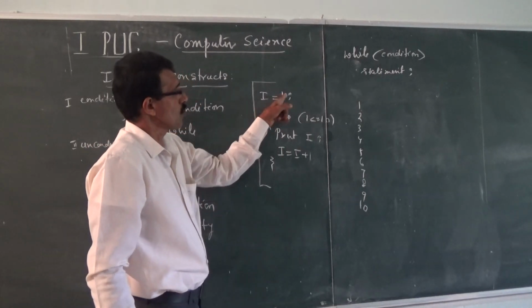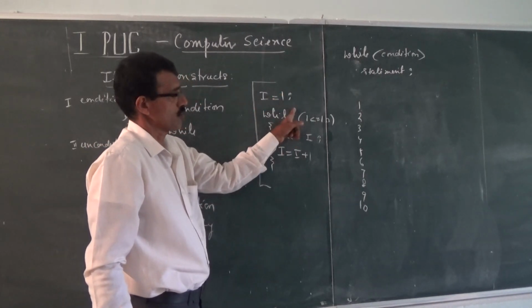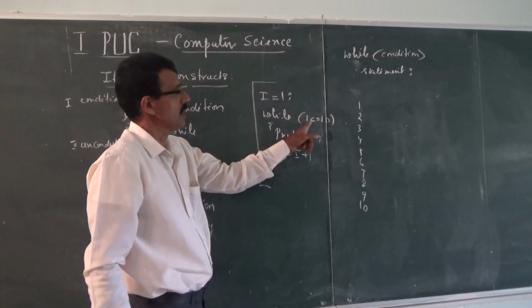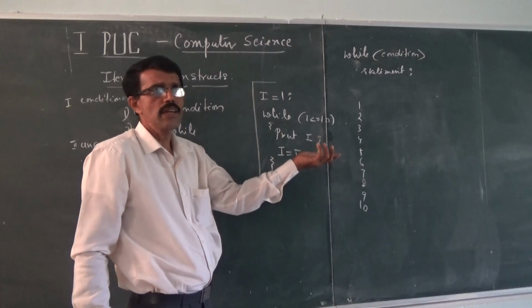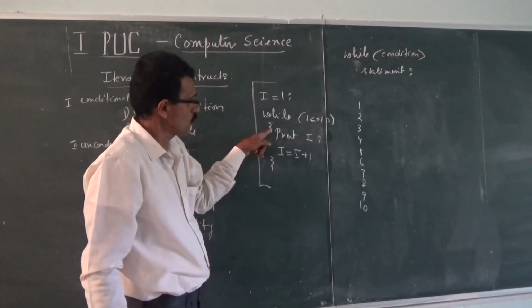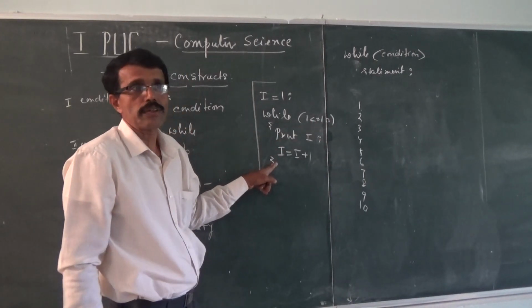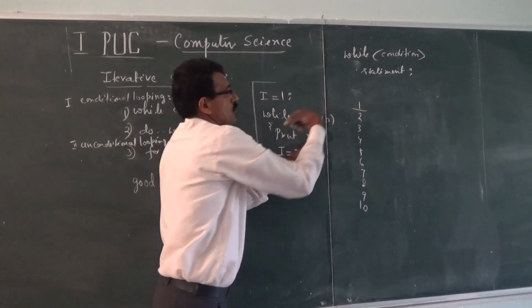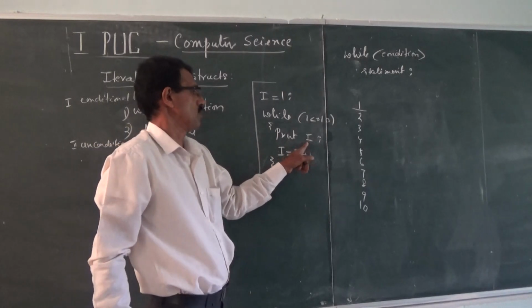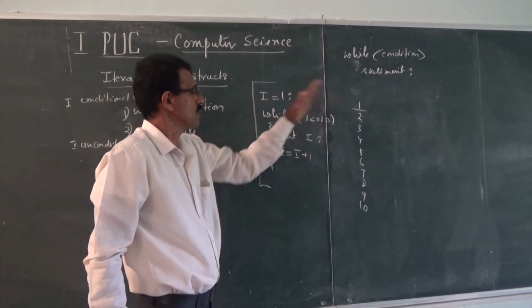So if I is equal to 1, it checks the validity: is I less than or equal to 10? Definitely that is true, so it comes to the next statement, which is print I. The value will be printed, and you get the first output.